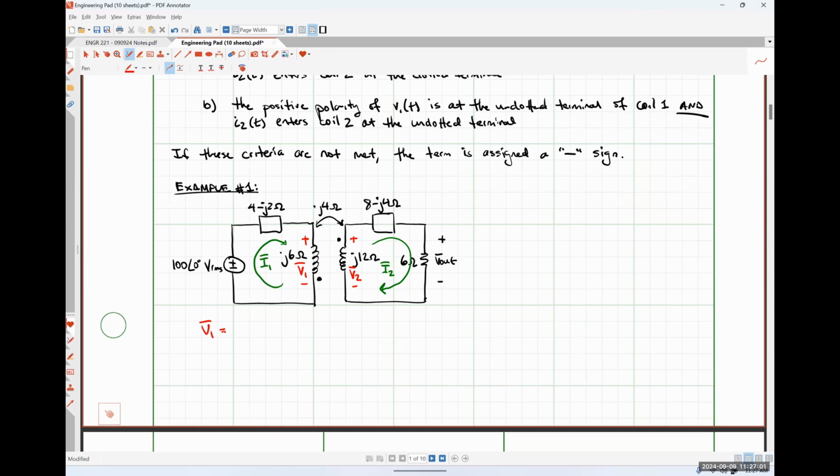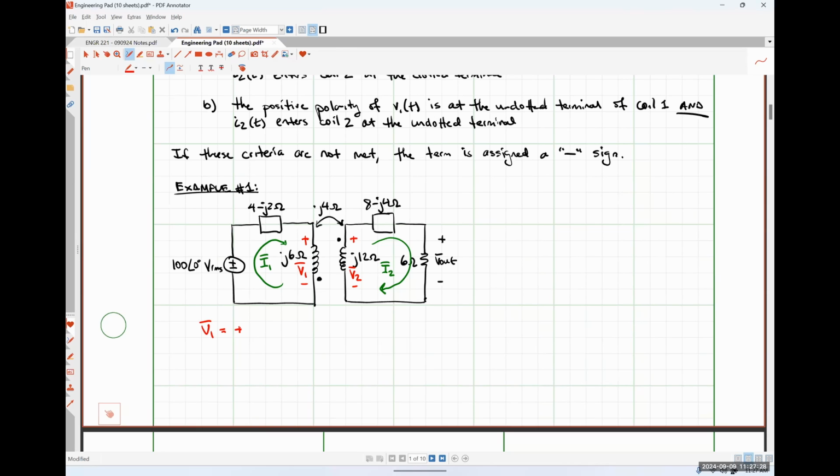We all agree on that. So what should the polarity of the self-induced voltage term be? Positive. If the positive polarity terminal is at the undotted terminal and the current is flowing into the undotted terminal, we should get a plus sign. So I'm just going to write plus right here.